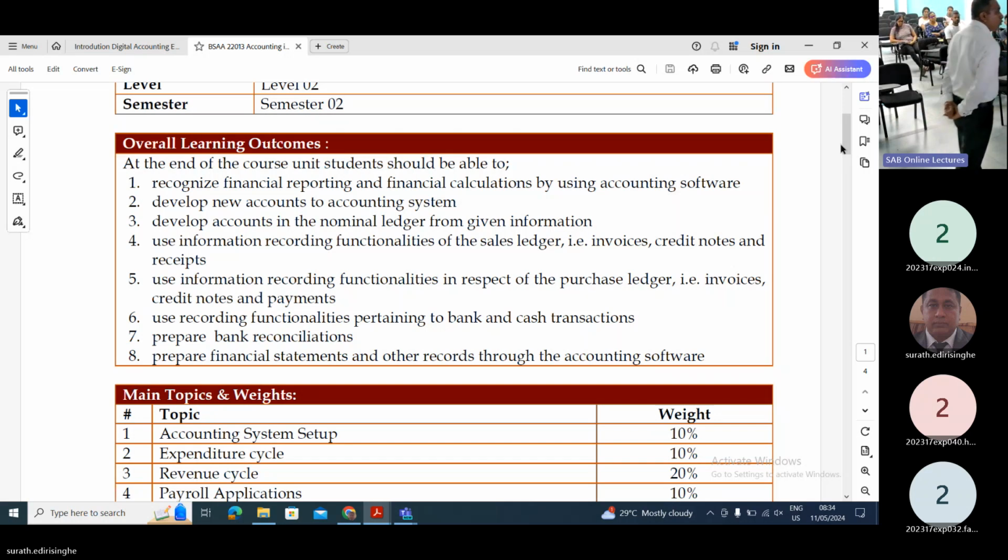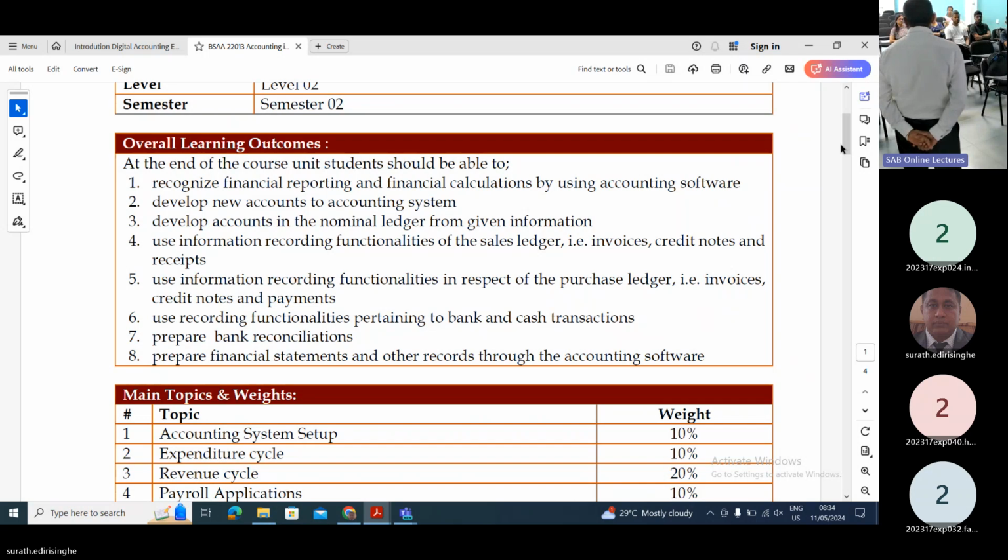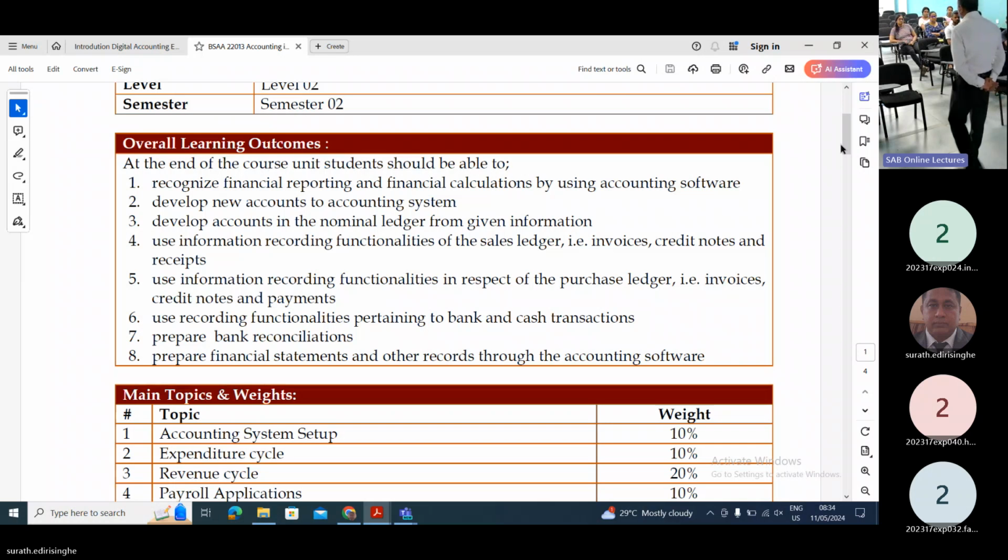This is the first learning outcome: to recognize financial reporting, how to report to your top level management, peers and subordinates by using this accounting information system and all calculations by the software application. This is the first learning outcome of this subject.